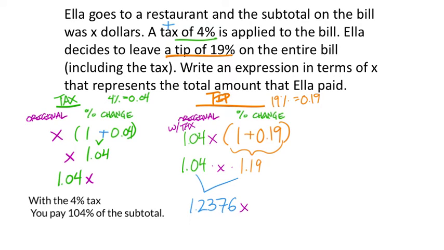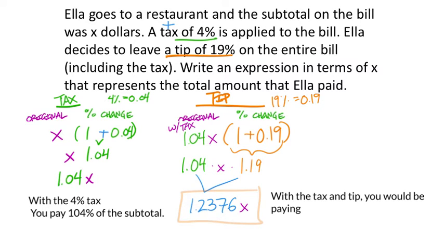So I'm putting the x there second on purpose. But yeah, this is the expression that they're looking for. And again, this can be interpreted, not that I think you really care to, but you can. You can say, with the tax and tip, you would be paying 123.76% of the subtotal.